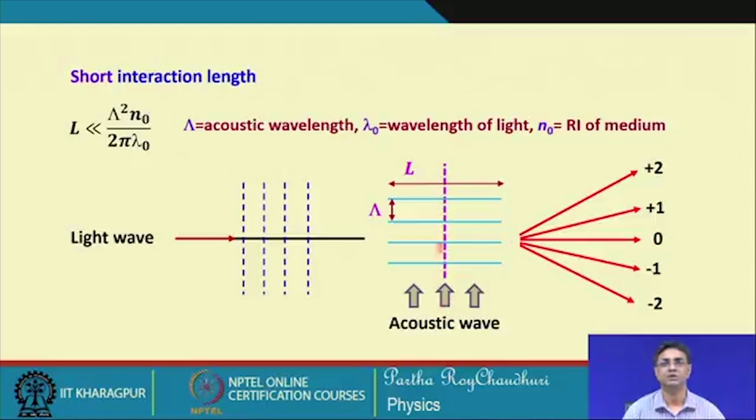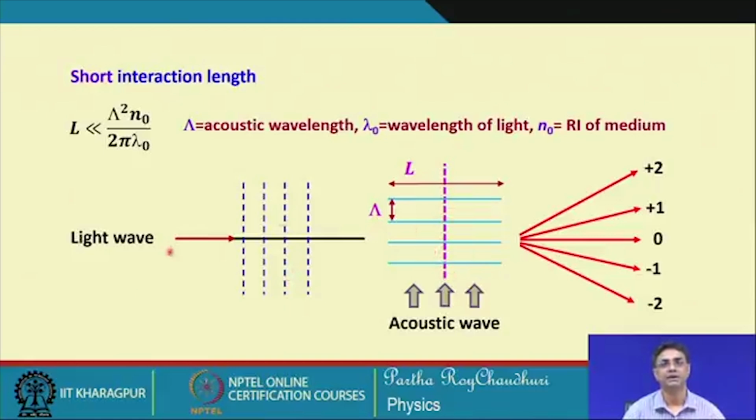So, you have this acoustic wave travelling along this direction, and it forms a periodic grating. We have seen this with the peak value of delta n, and it is a sinusoidal variation. So, there is a variation in the refractive index along this direction, and it moves with the velocity of the acoustic wave, but the frequency of the light wave is much more than the frequency of the acoustic wave.